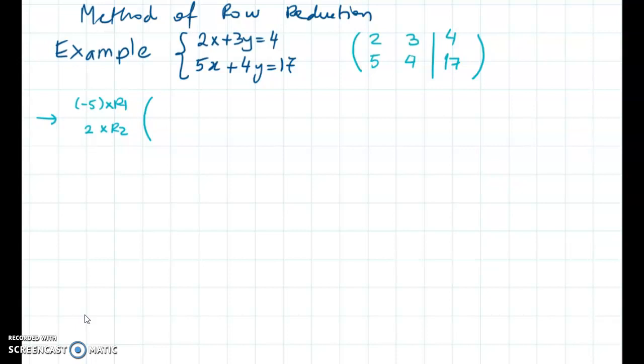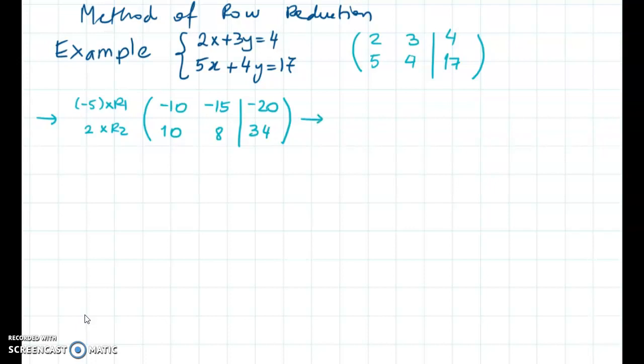So when I multiply by negative 5, I'm going to have negative 5 times 2, negative 10, and negative 5 times 3, negative 15, and then after the bar, negative 5 times 4, negative 20. Now I multiply the second row by 2, so I'm going to have 10, 8, and 34.